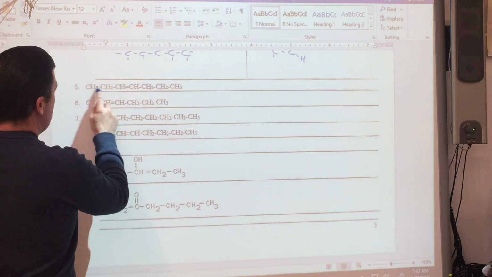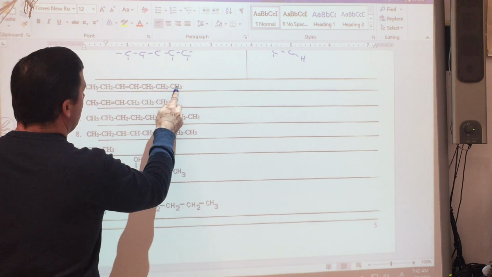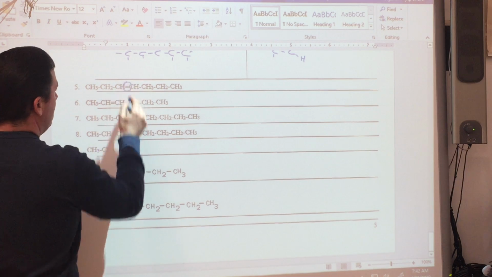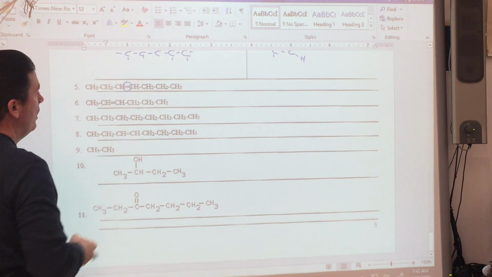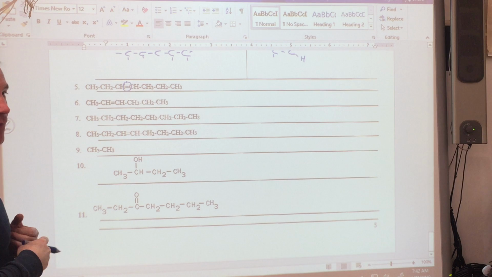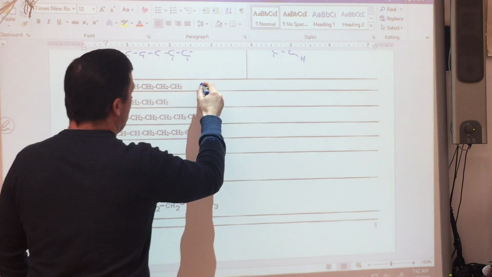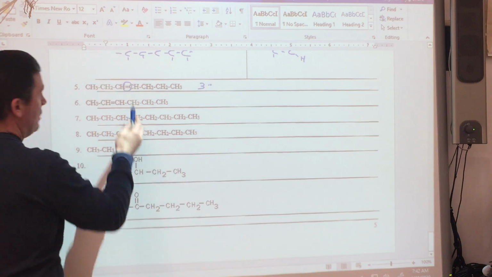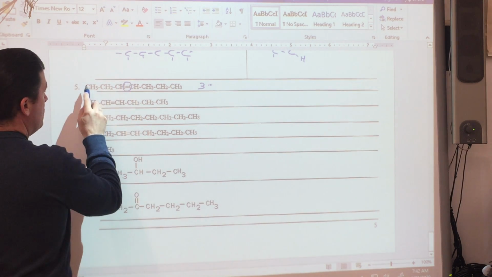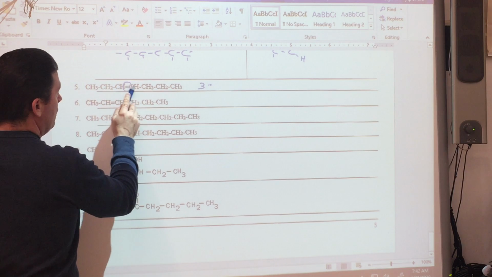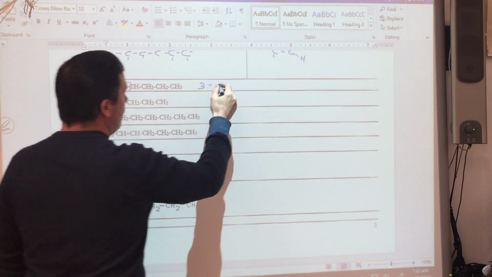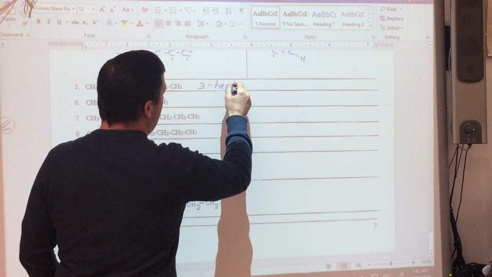How about this thing? 1, 2, 3, 4, 5, 6, 7. Well, I've got a double bond here. So am I going to call it 3 or am I going to call it 4? Well, you want to use the lowest number. So this is 3, because I have to indicate where that double bond is. And what's my long chain? 1, 2, 3, 4, 5, 6, 7. 3 hep.